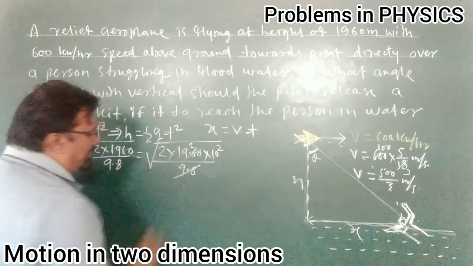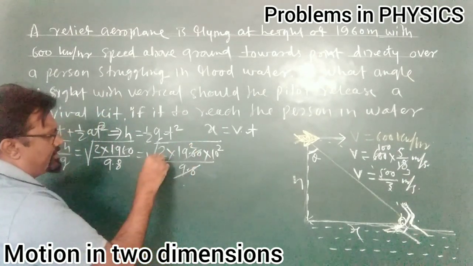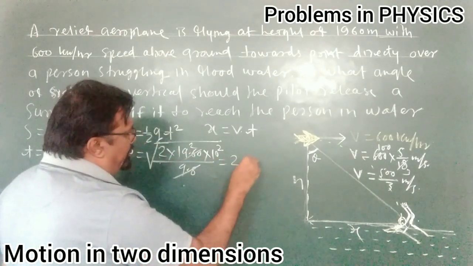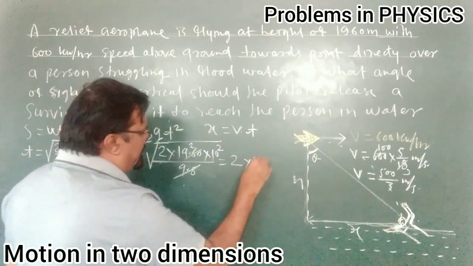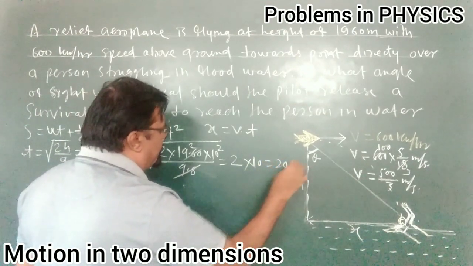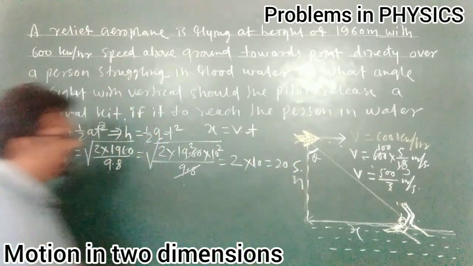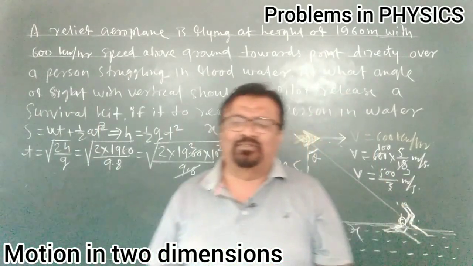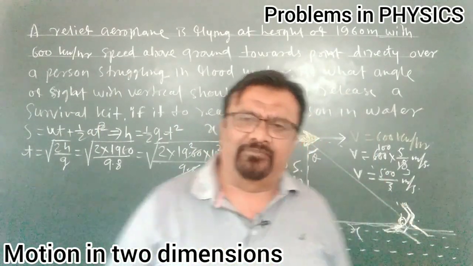Now 9.8 2s are 19.6, and 2 into 2 is 4. Root of 4 is 2, into root of 10 to the power 2, which is 10, and therefore your answer must be equal to 20 seconds. So the time taken by that survival kit to reach the flood water is 20 seconds.